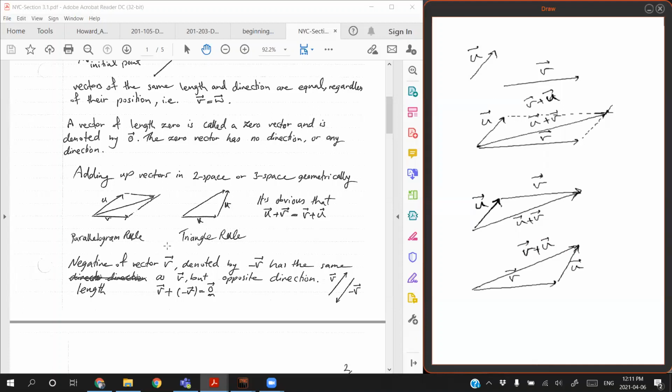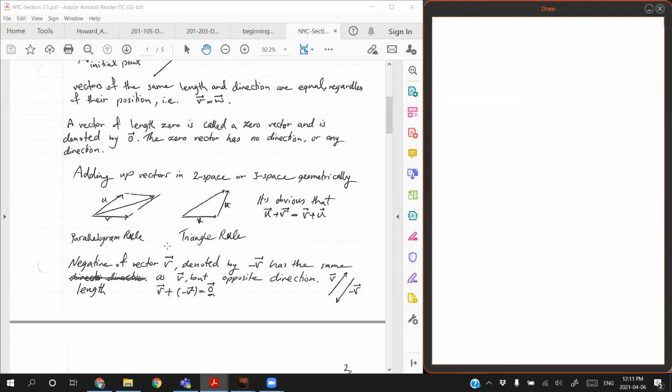You can also add up 3 vectors using this method. So for example, if you have this vector here and this one here and then this one, let's call them v1, v2, and v3, and I put arrows on top of them to indicate that these are vectors. You can add them like this. So you bring v1 here, and then you bring v2 here, and then v3 goes down like this.